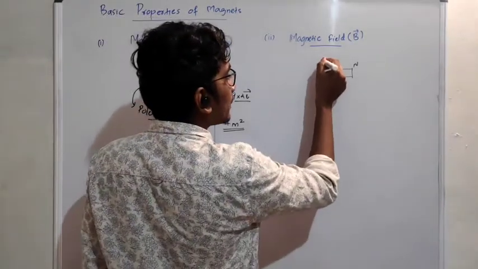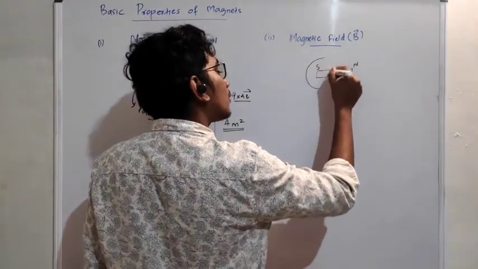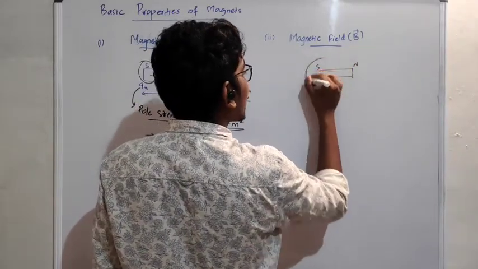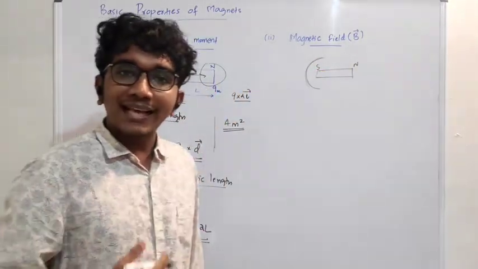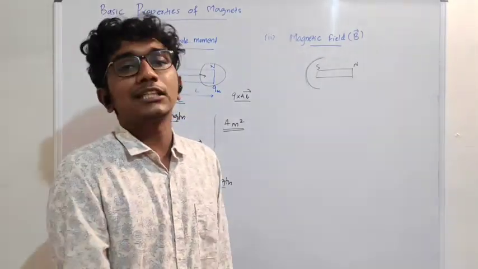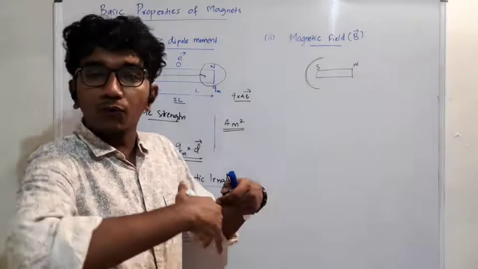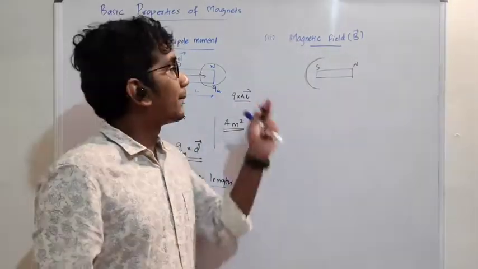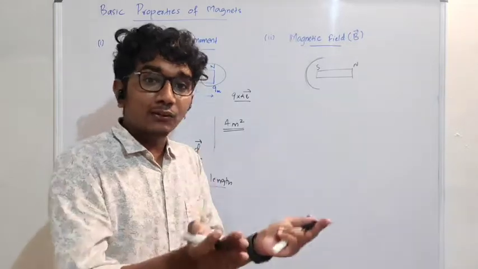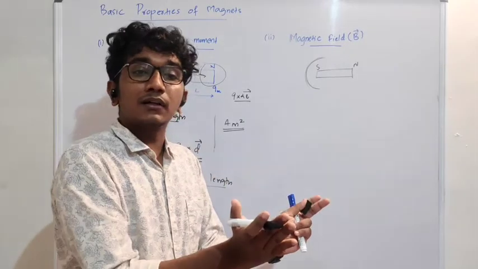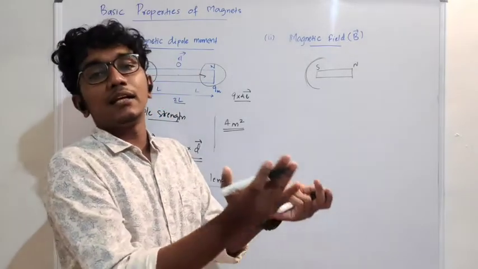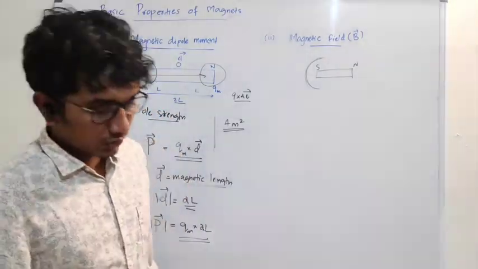There will be a field around it where another magnet or magnetic material would experience a force, attraction or repulsion, but there would be a force. That is magnetic field.